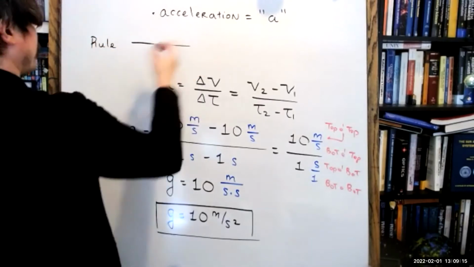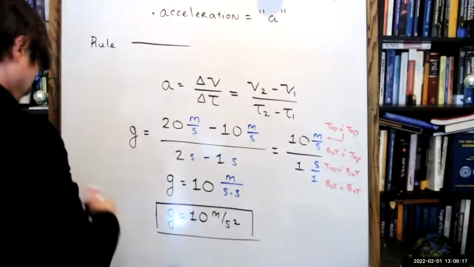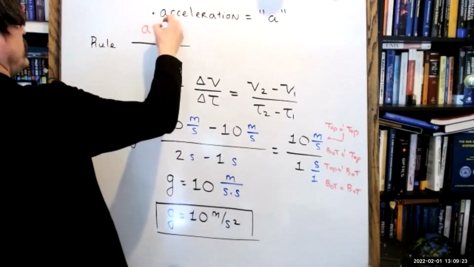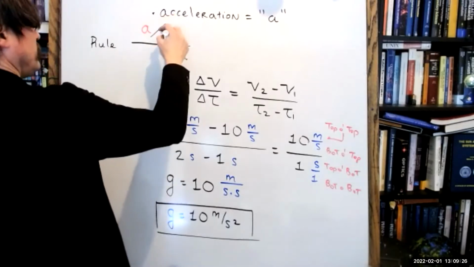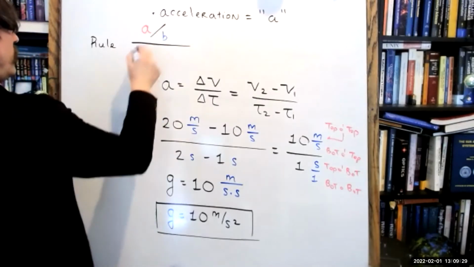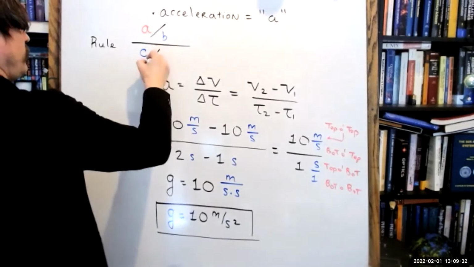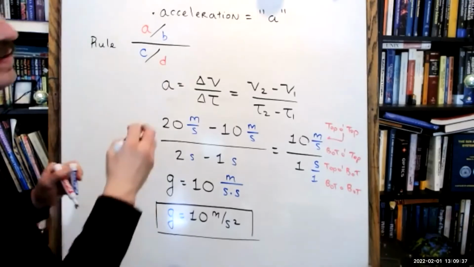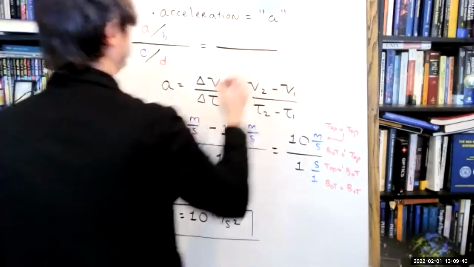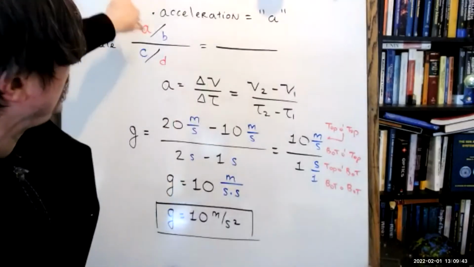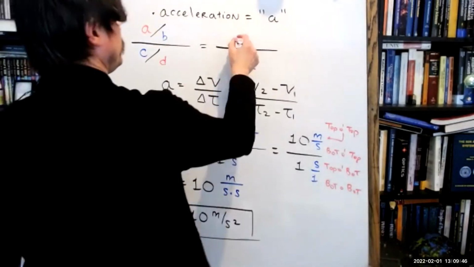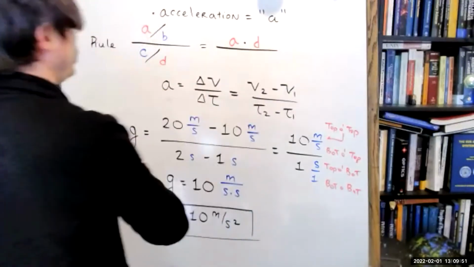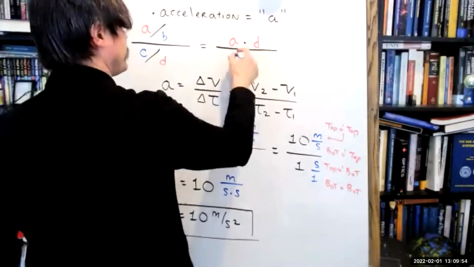Whenever you're confronted with fractions inside of fractions, so let me use friendly colors here, A divided by B, divided by C over D, the resulting fraction, simplified, will look like this. Both A and D will end up on the top. C and B will end up on the bottom.